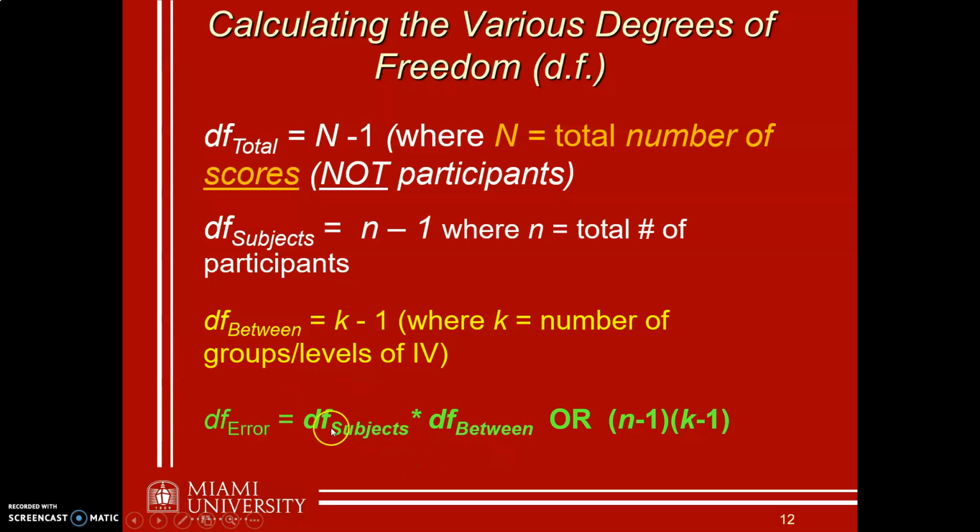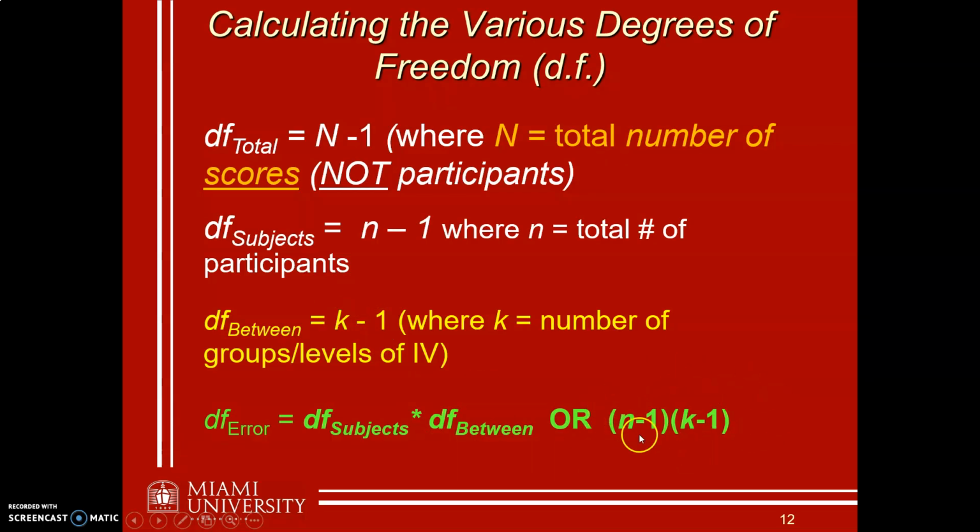And to make our error part that we need to look up in the back of our book, our bottom part, or our denominator, is going to be the multiplied part of our degrees of freedom between subjects, n minus 1, times our degrees of freedom between groups. This is k minus 1, where k is the number of groups.